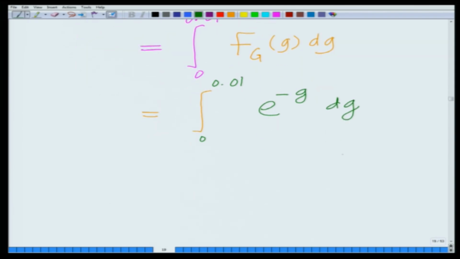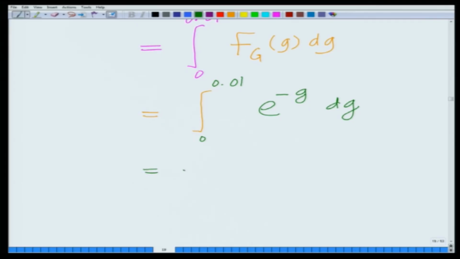The integral of e to the power of minus g is minus e to the power of minus g, evaluated between the limits 0 to 0.01, which, you can verify, is 1 minus e to the power of minus 0.01.